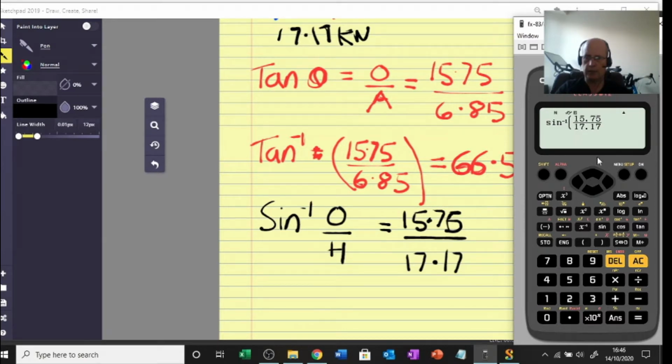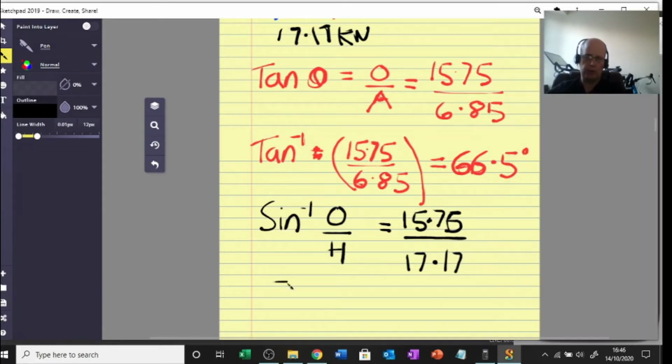Hopefully we'll get 66 or something. Press that, 66.5. I've done the angle both ways, so I'm quite happy that we're correct. So 66.5 degrees is the angle.